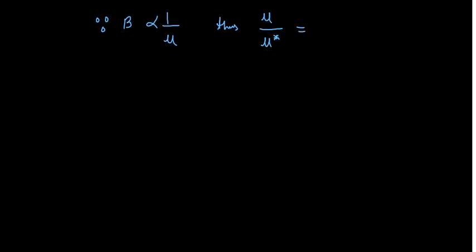So when they are having the inverse relationship, for mu you can write 1 by B, divided by 1 by B dash.